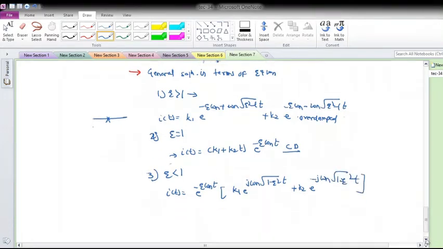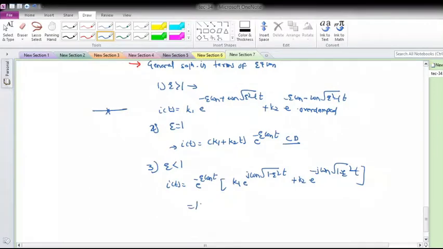If you solve, we can express this as k e raised to minus zeta omega n t into sine of omega n square root of 1 minus zeta square t plus theta. This is my underdamped response.